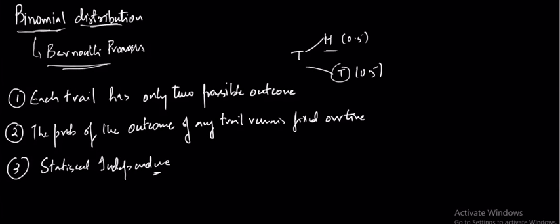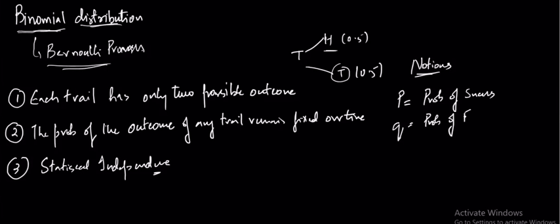Now before I proceed on, let me give you some notations that we'll be using in case of the binomial distribution. We have a small p, that represents the probability of success. Then we have this q, it represents the probability of failure.